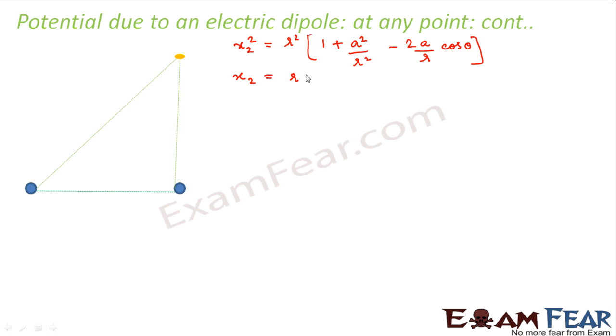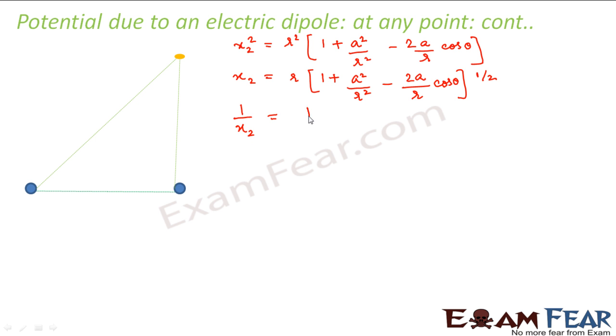So you can write x2 is equal to r into 1 plus a square by r square minus 2a by r cos theta to the power 1 by 2. From this you can write 1 by x2 is equal to 1 by r, 1 plus a square by r square minus 2a by r cos theta to the power minus 1 by 2.